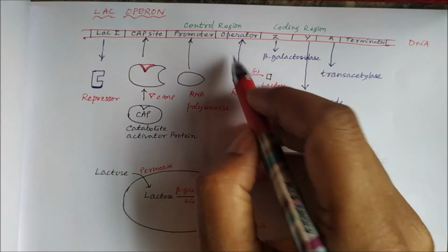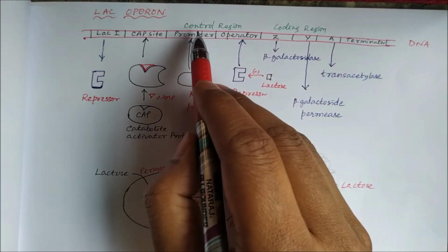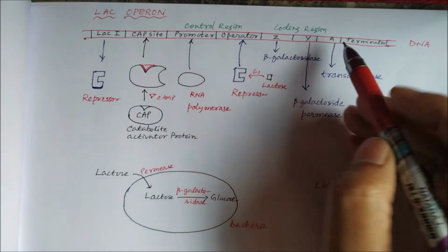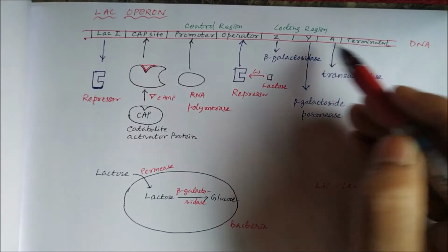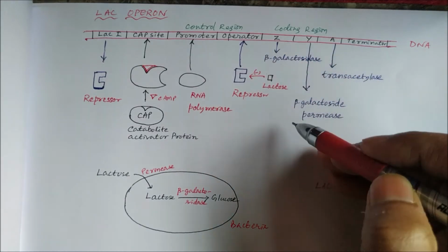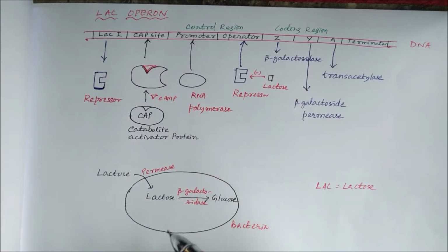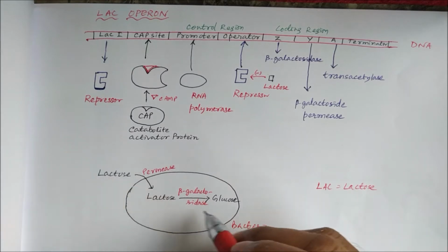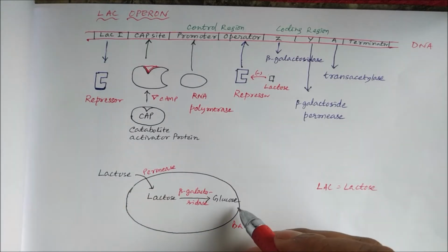When it cannot bind to the operator, RNA polymerase can move, and there will be transcription of all these three genes, and production of all these enzymes. Then lactose can easily permeate into the bacterial cell and be degraded into glucose.